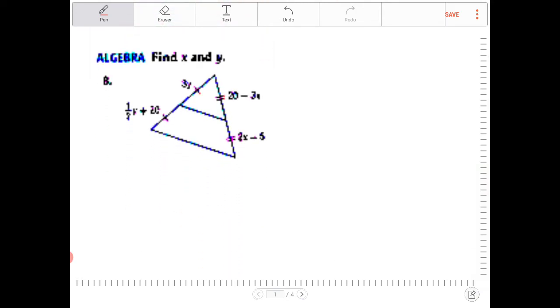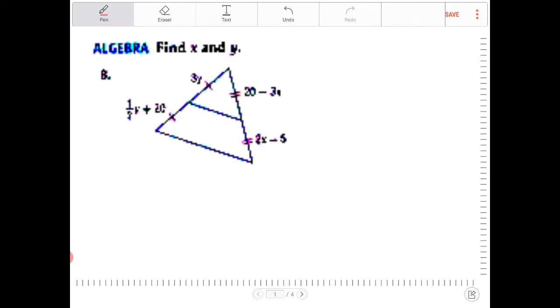Find X and Y. I apologize for the grainy appearance, but this is 20 minus 3x, and this one right here is 3x.